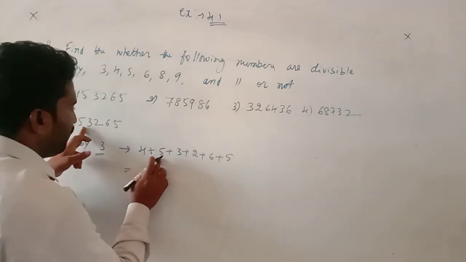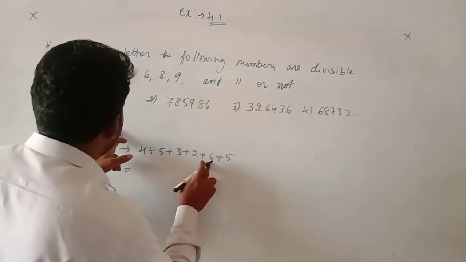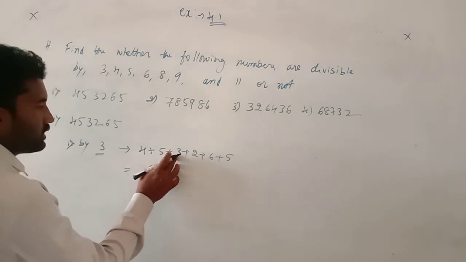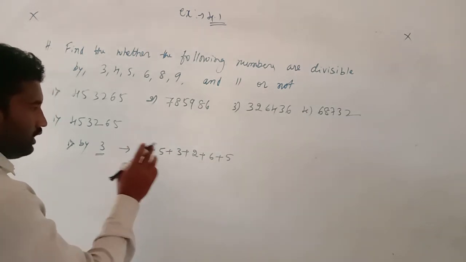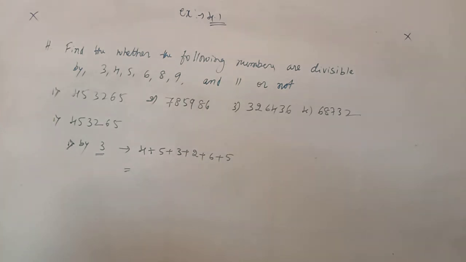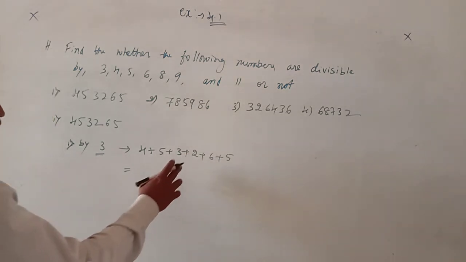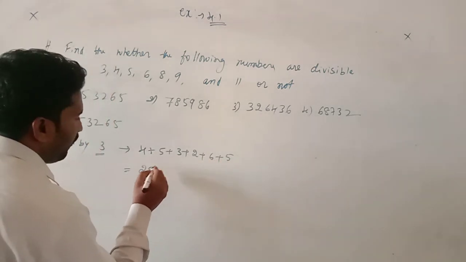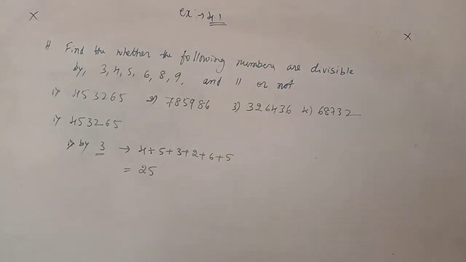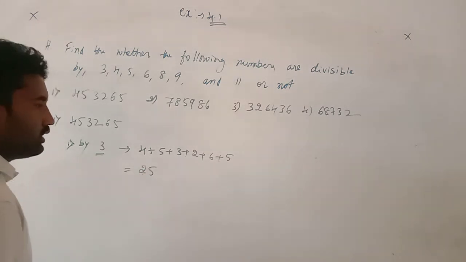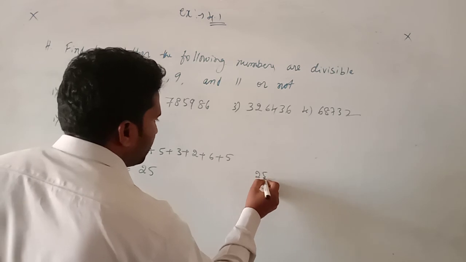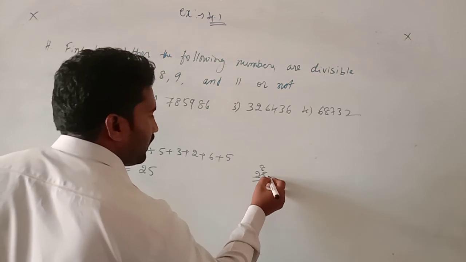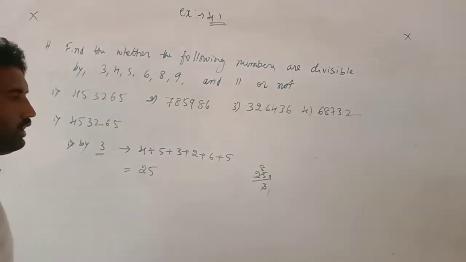How much will it get? 4 plus 5 is 9. 9 plus 3, 12. 12 plus 2, 14. 14 plus 6, 20. 20 plus 5, 25. So the sum of the digits is 25. 3 eights are 24, so it is getting remainder 1.